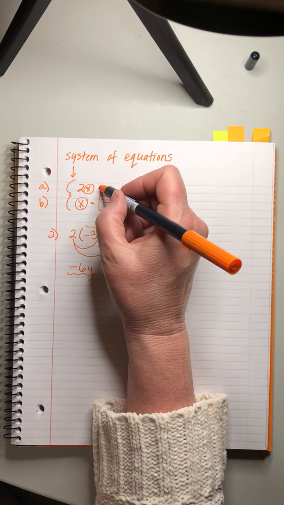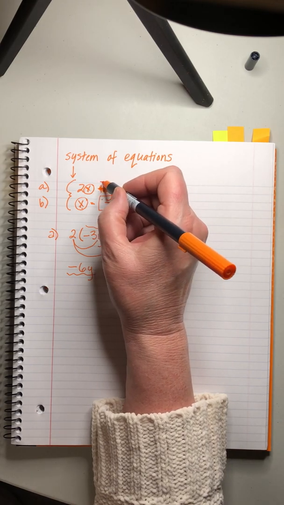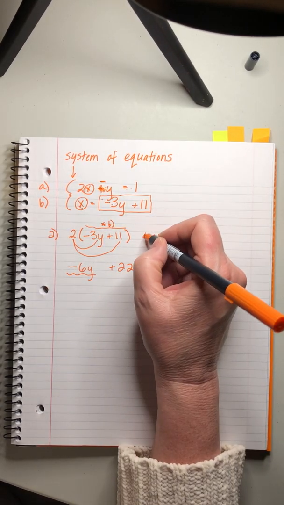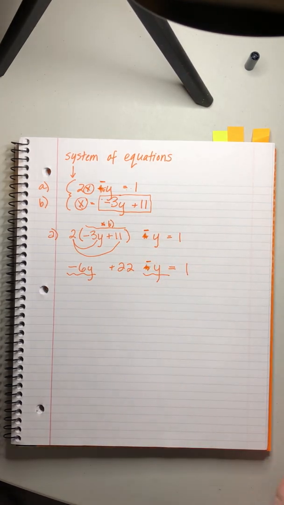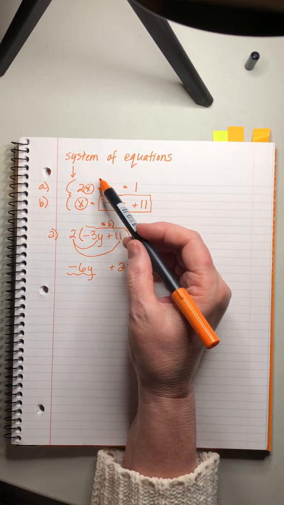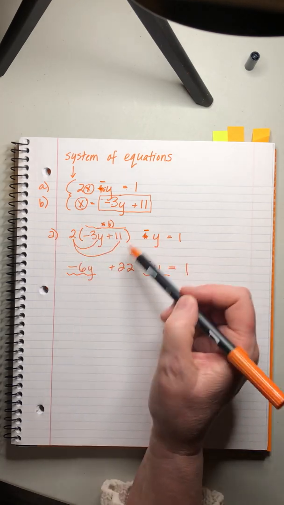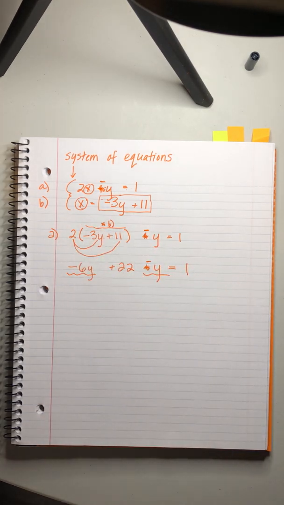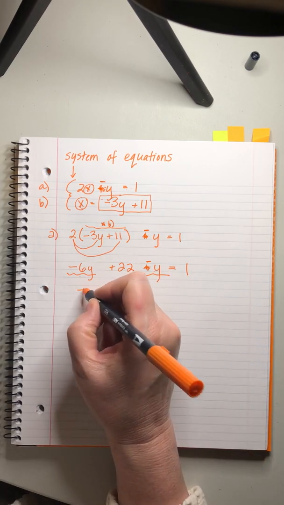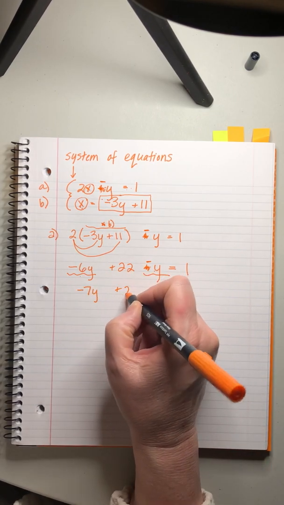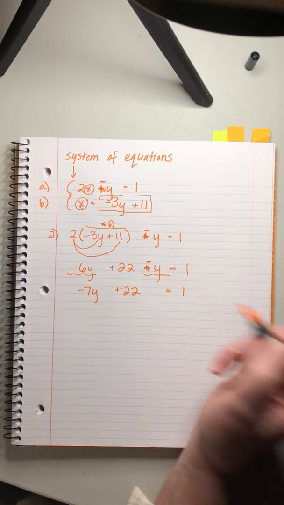Oh, yeah, this is a minus right there. So this should be a minus, and this should be a minus. Okay, so I just copied it wrong here, and it just copied through. It didn't affect our distribution at all. All right, so minus 6y minus y becomes minus 7y plus 22 equals 1.